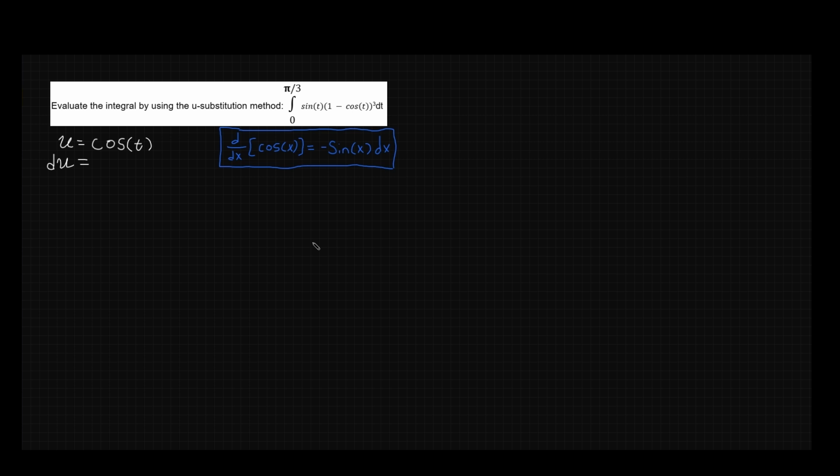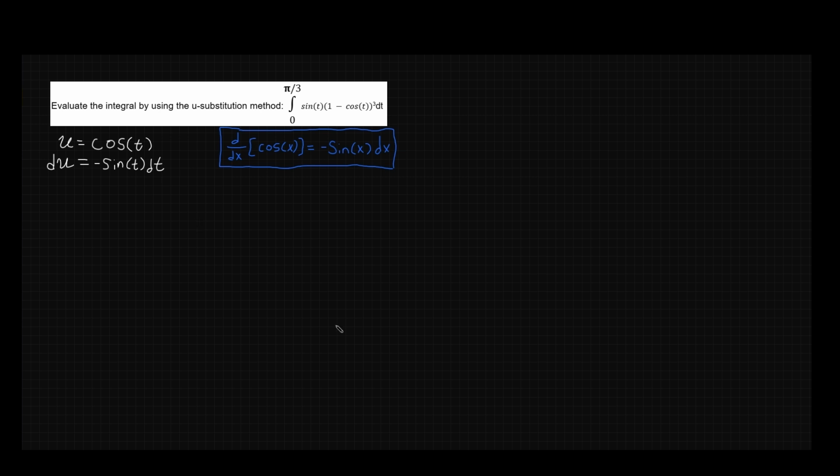All this says is that the derivative of cosine of x equals negative sine of x. Translation: the derivative of u, which is the derivative of cosine of t, is going to be negative sine of t, and then at the end we have times dt.